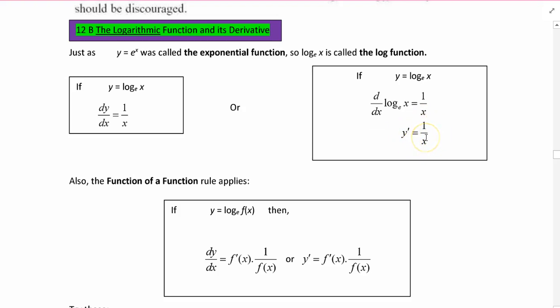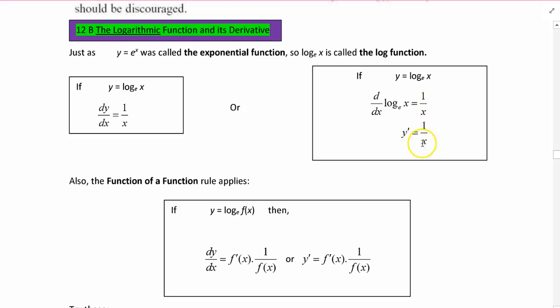So what do you notice? I hope you notice that its derivative looks nothing like its original form. Nothing like it. The original function written back here that we differentiated actually had the letters log written in them. It actually was a log function.